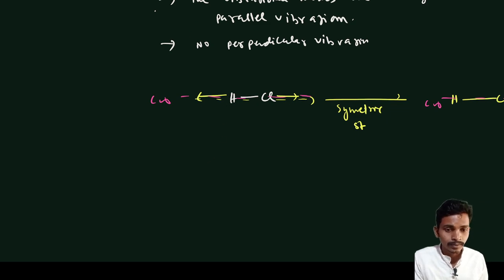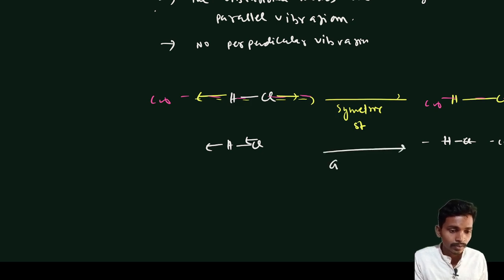And if I do asymmetric stretching, if I stretch this one and this one in these directions, then again C infinity is there. So either symmetric or asymmetric stretching, C infinity is there. So these are parallel vibrations.